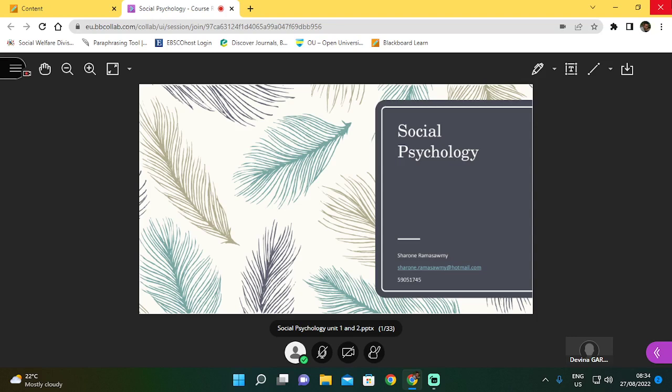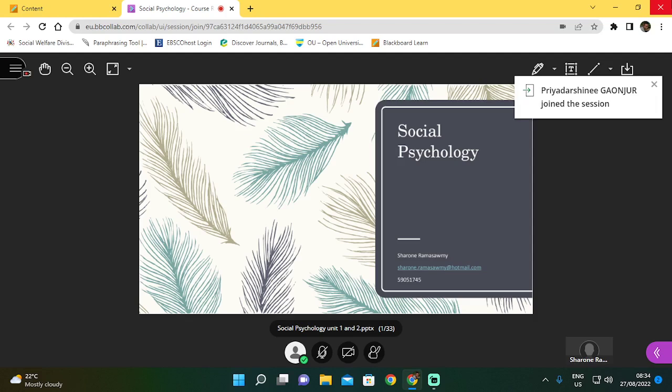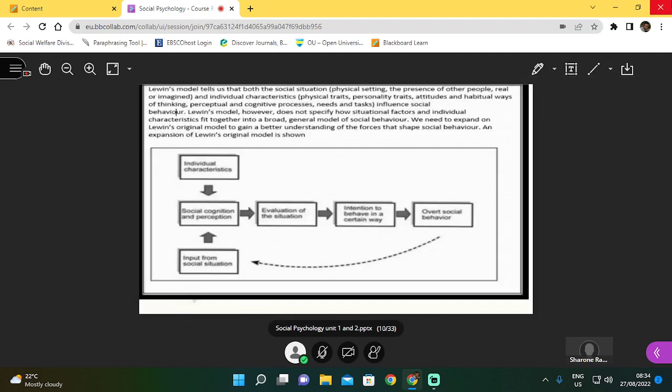You remember the Lewin model? This one. Why do people have particular overt social behavior? Yes, for better understanding.